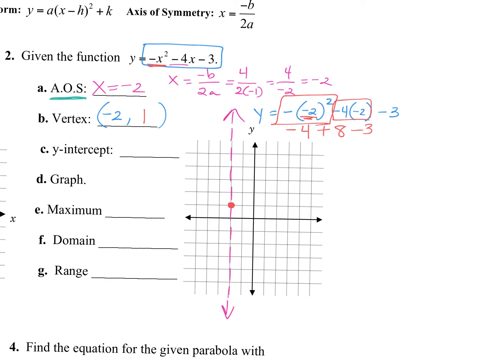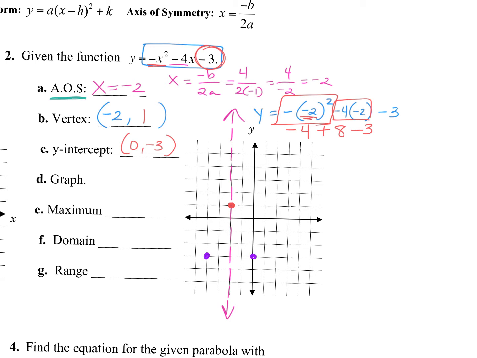What is your Y-intercept? It's that -3. Yeah, 0, -3, or if you just tell me -3 on that, that doesn't bother me. So your Y-intercept 0, 1, 2, 3 is here, and then reflect that over to here.